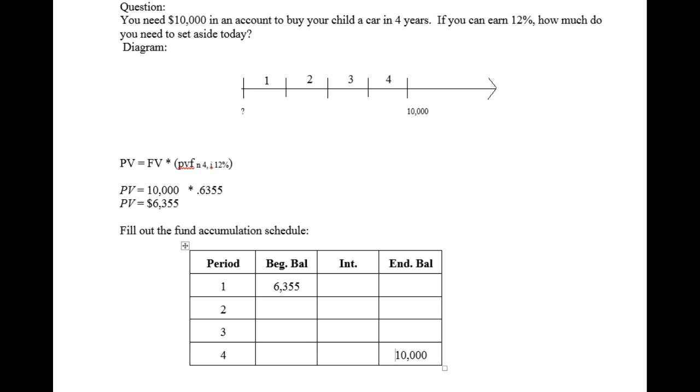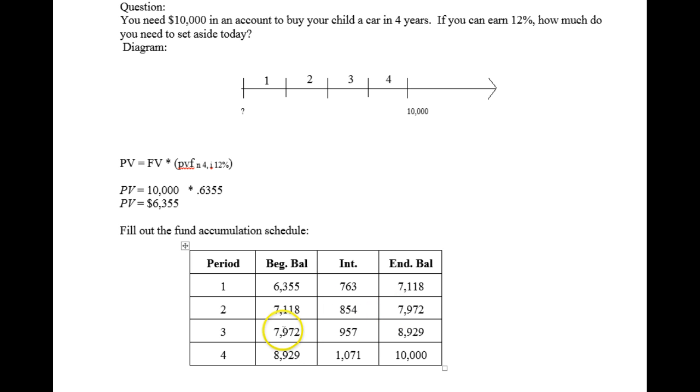So you know your fund accumulation table starts with the present value and ends with the future value. Your turn. Fill out the fund accumulation schedule for me. How'd you do? 6,355 times 12% is 763. Add that together, 7,118. That's what the balance would be at the end of year 1. Leave it in for a year, 7,118 will earn 854 if invested at 12% and grow to be 7,972.